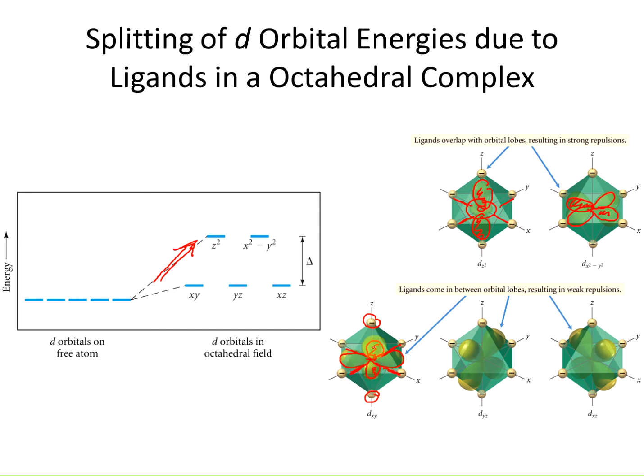These pictures all look the same, just moved to different positions. So each one of these, the ligand is lying in between these lobes. So you'll have to know this splitting arrangement for the octahedral complex, that 2 go on top and 3 go on the bottom.